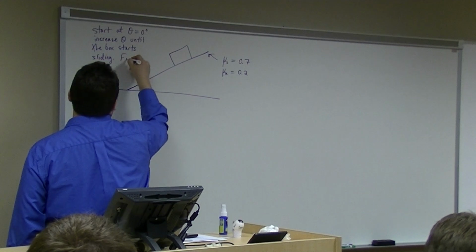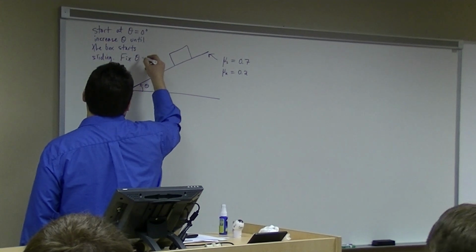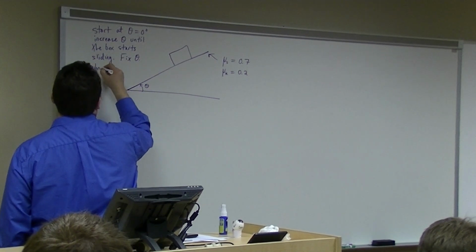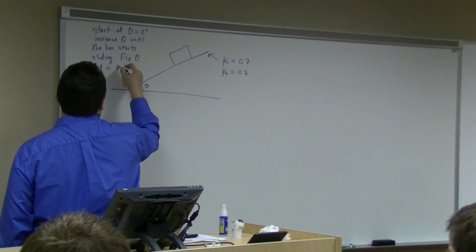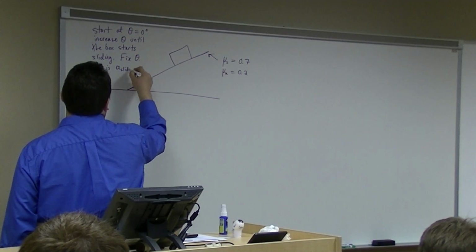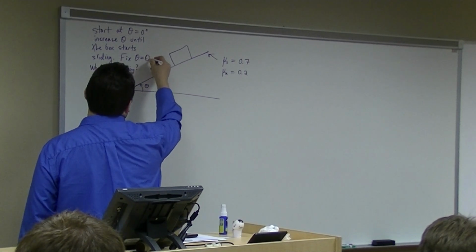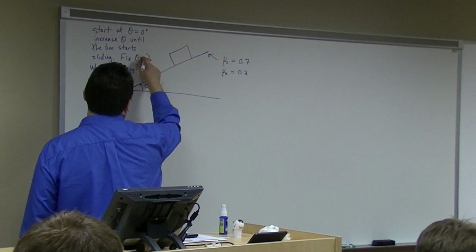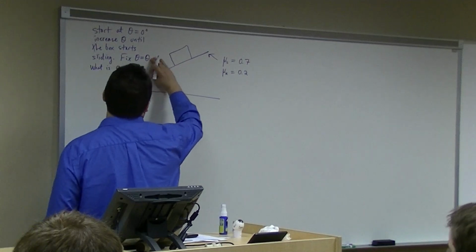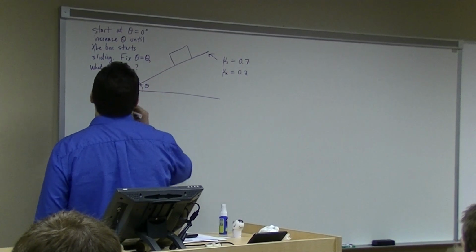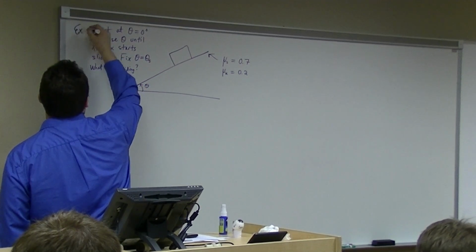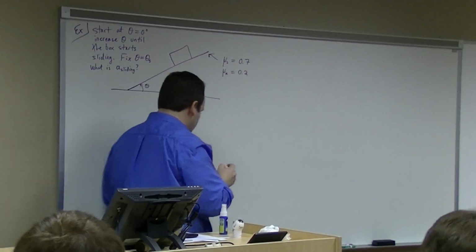You fix theta, and then what is the acceleration of the sliding? So there are two questions. What is that theta naught, let's say, or we call it theta s for sliding. So.